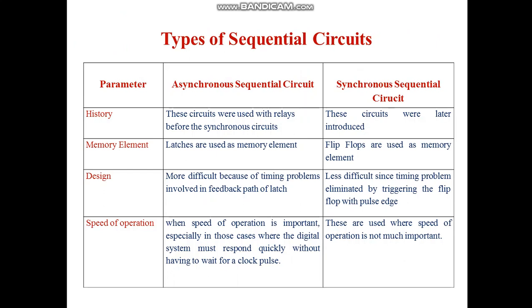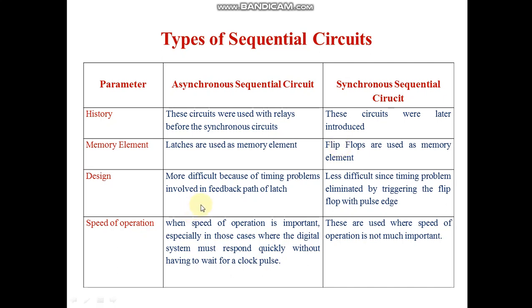Now the types of sequential circuit: if we divide them into asynchronous sequential circuit and synchronous sequential circuit, then in terms of history, the asynchronous sequential circuits were used with relays before the synchronous sequential circuits, while the synchronous sequential circuits were introduced later. Latches are used as a memory element in asynchronous sequential circuits, while flip-flops are used as a memory element in synchronous sequential circuits.